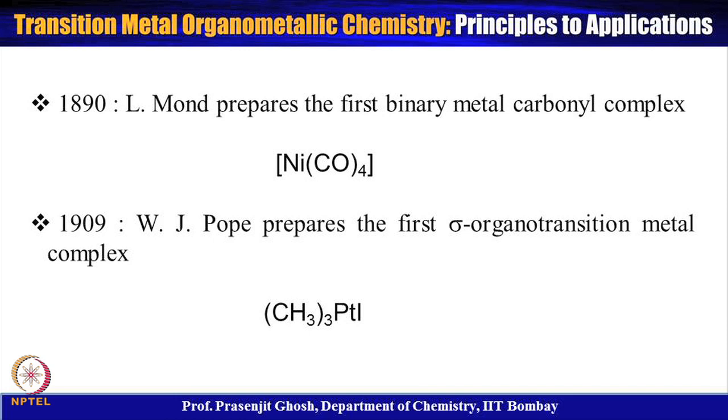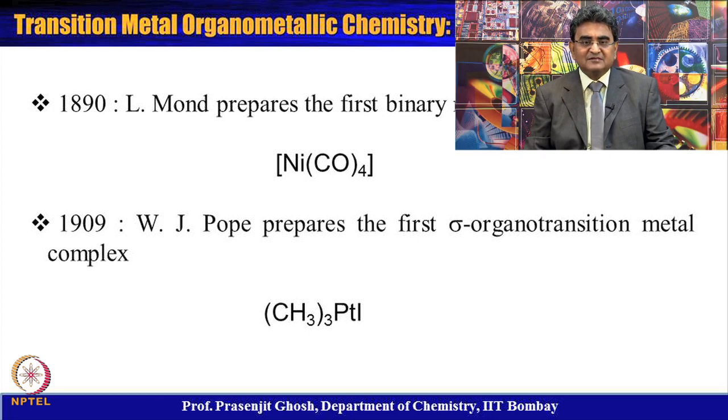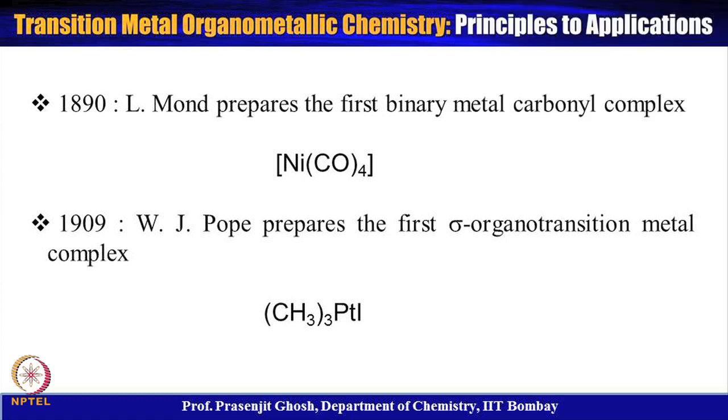Now, the metal carbon bonds can be of several types. It can be a sigma bond as well as a pi bond, and there are a lot of examples which were synthesized that had a sigma bond or pi type interaction of the ligand with the metal. So, from this instance, this is the first sigma organotransition metal compound, which was formed on platinum.